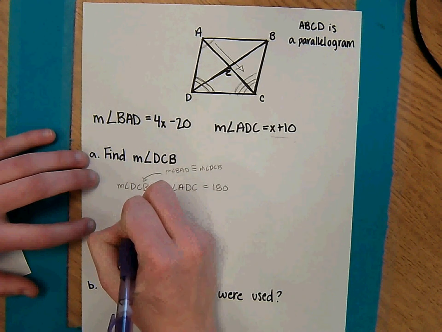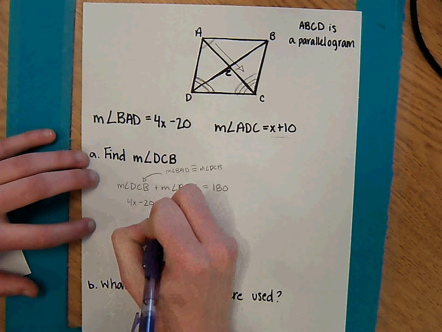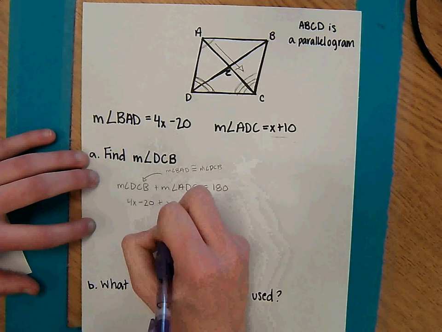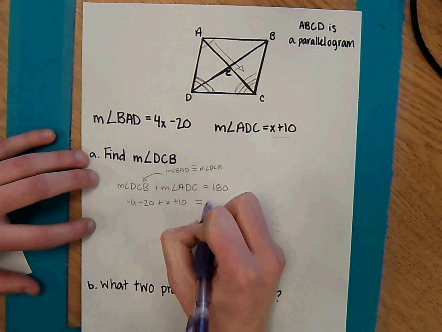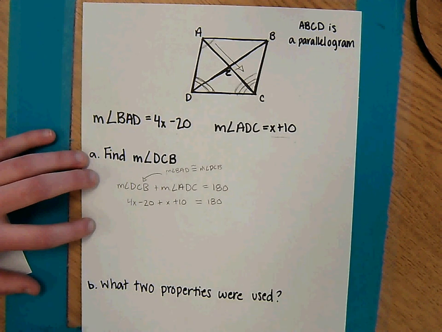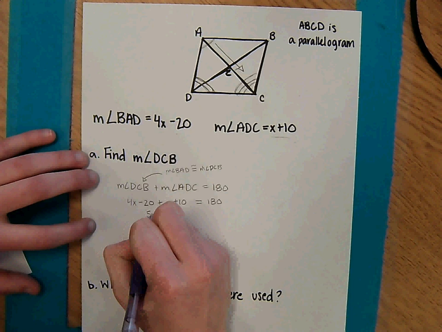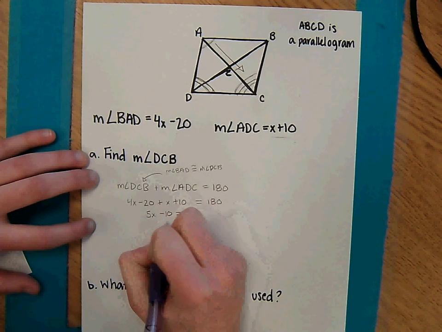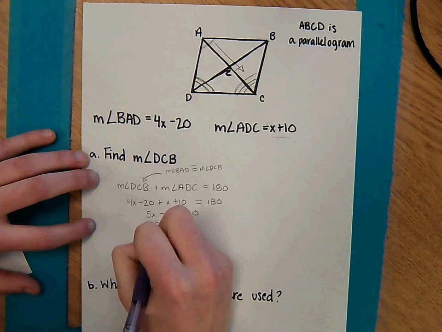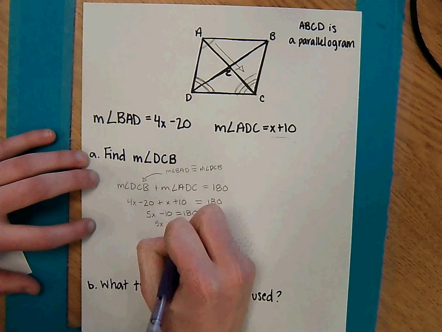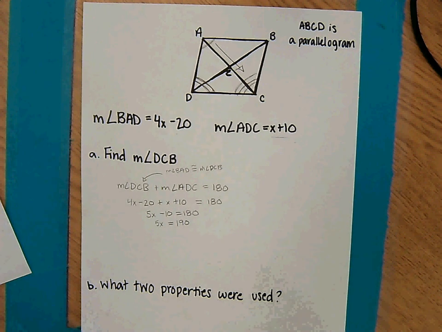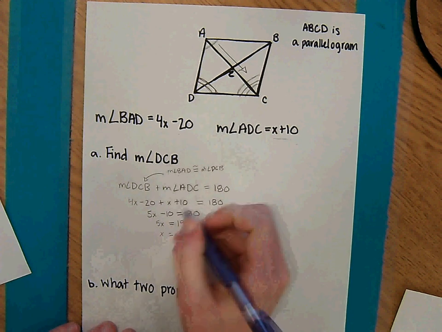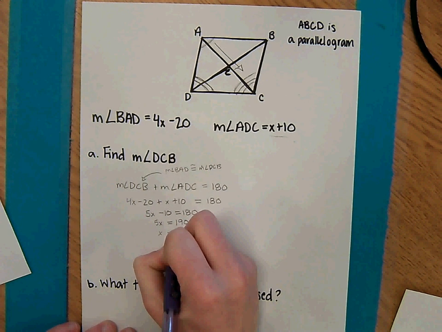So you have 4x minus 20 plus the measure of angle ADC, which is x plus 10. So then you get 5x minus 10, and then you add the 10 over, and you get 5x equals 190. Now to keep going, x is equal to 38.